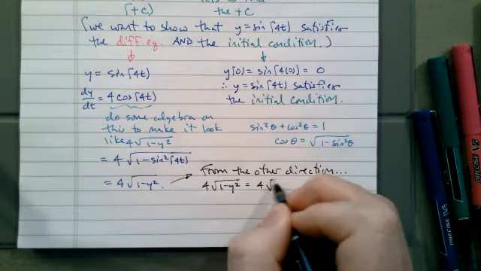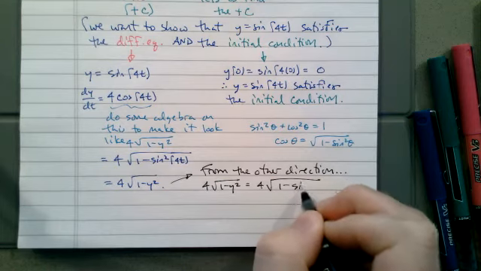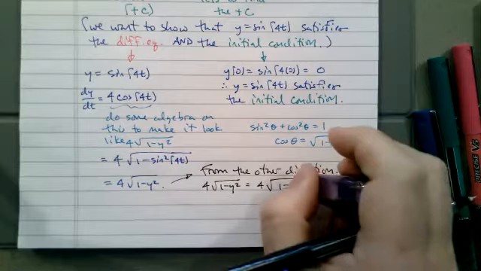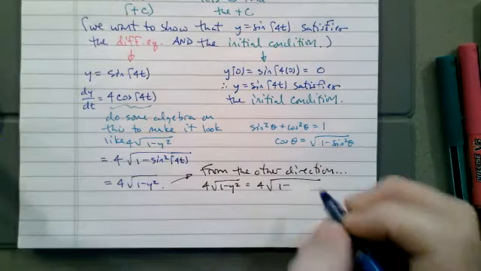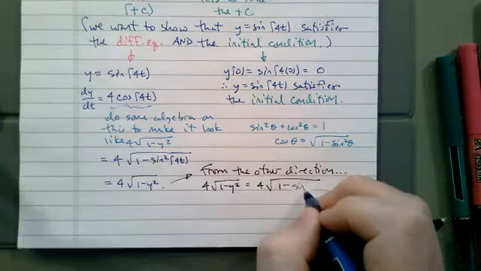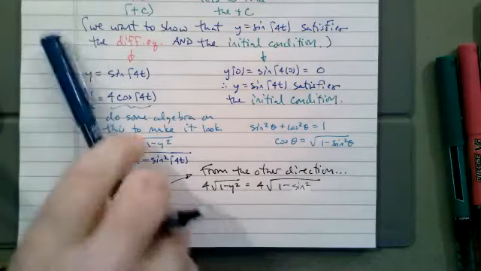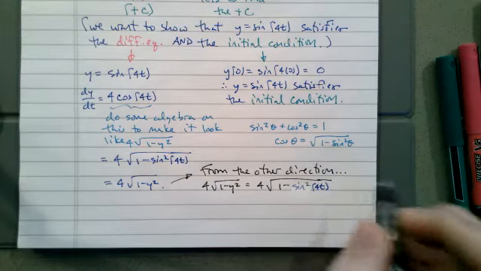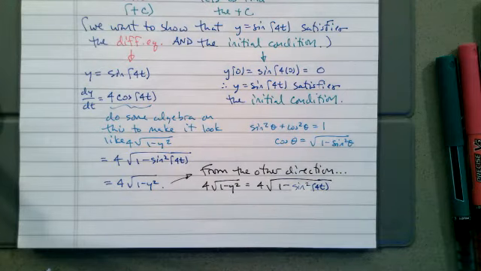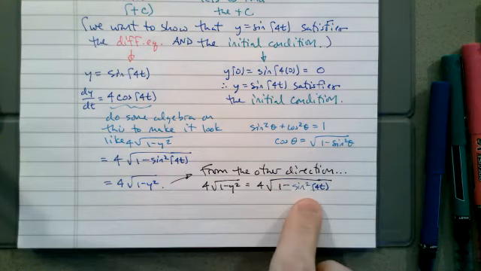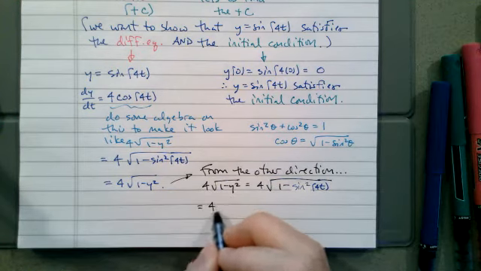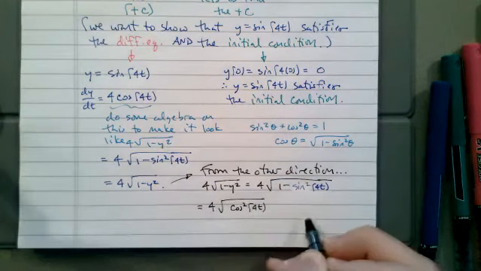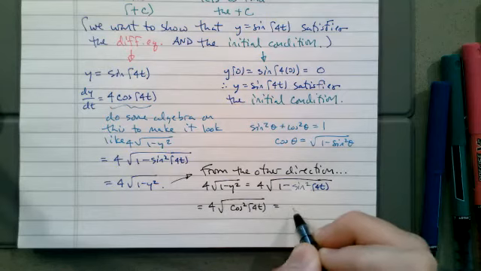This becomes 4 times the square root of 1 minus sine squared of 4t. Now we're using the same trig identity. 1 minus sine squared is cosine squared, and the square root of cosine squared is cosine.